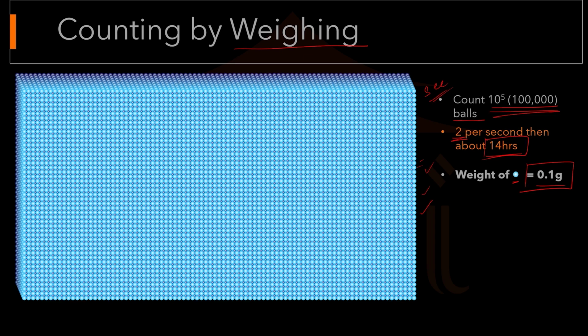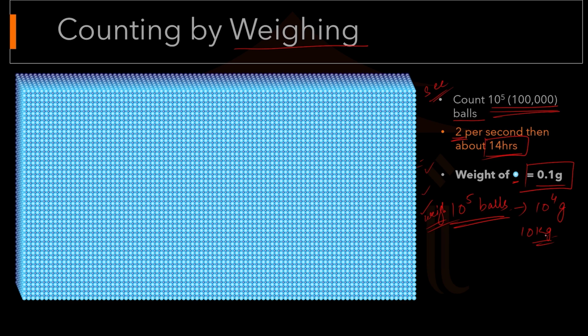Now if I ask you how much 10 power 5 balls will weigh, then you can say, okay, this will be 10 power 4 grams, right? And that means about 10 kgs.